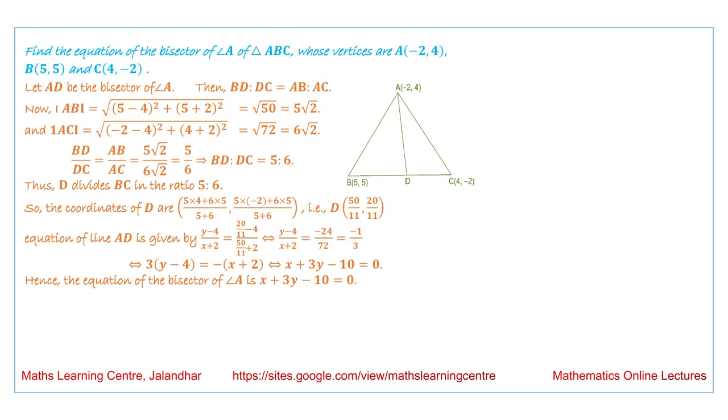Next is to find the equation of the bisector of angle A of triangle ABC whose vertices are given.